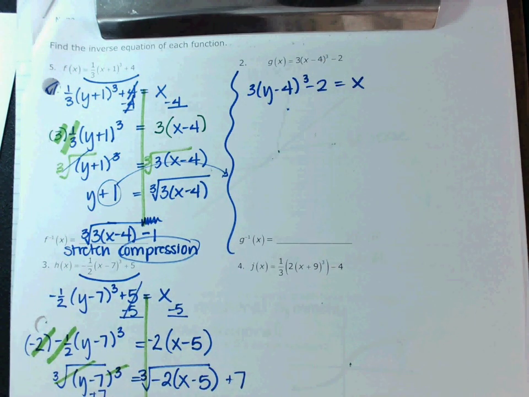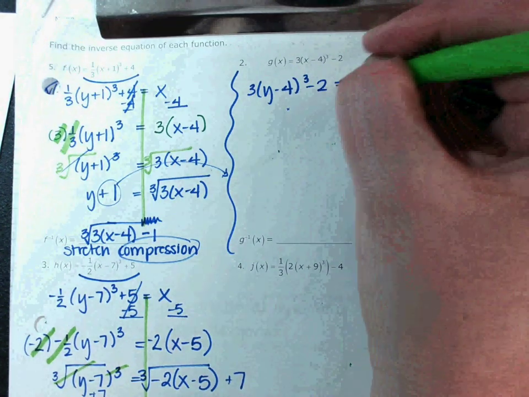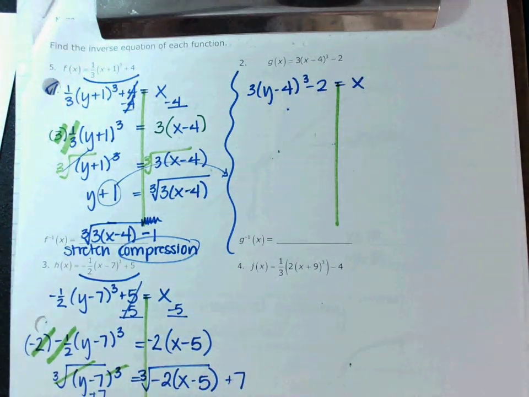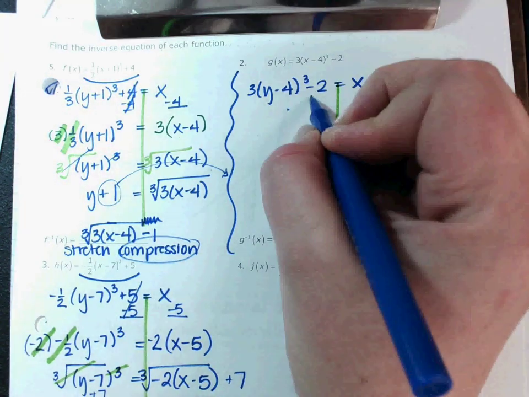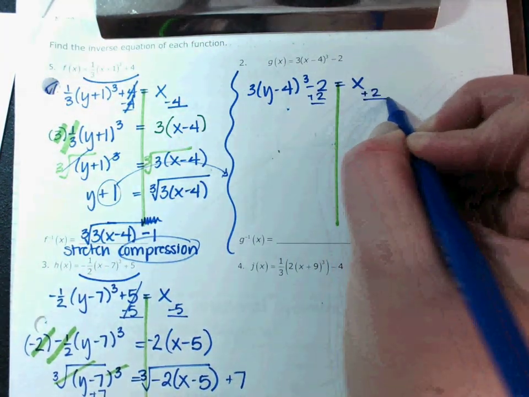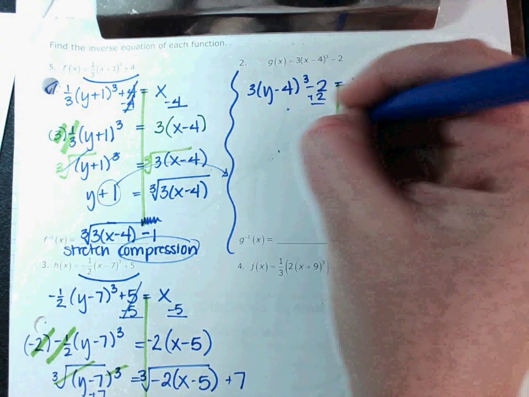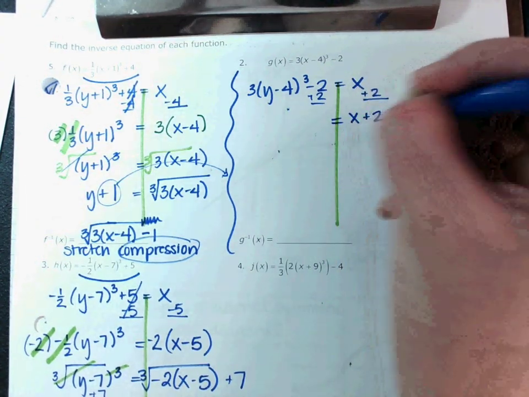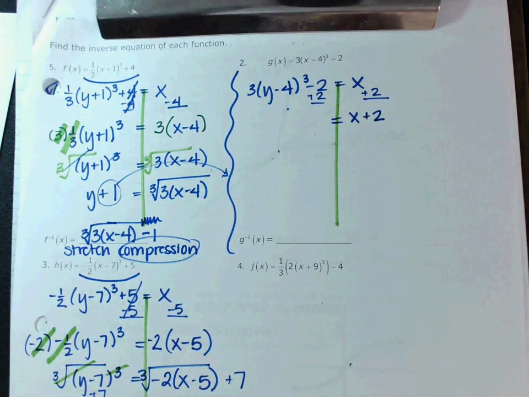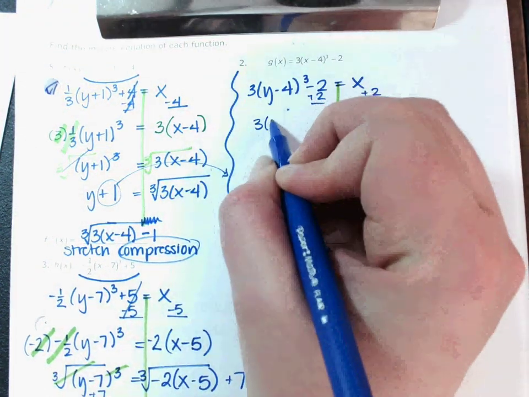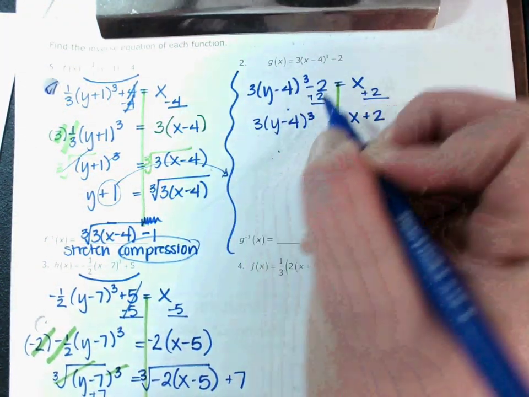So, step 1, you switch the letters, switch the sides. Then drop your railroad tracks. What's the first step? Okay, plus 2 on both sides. So now I have x plus 2 on the right side. Ooh, I should have left a little bit of space, but I didn't. Okay, now I have a 3 y minus 4 cubed.